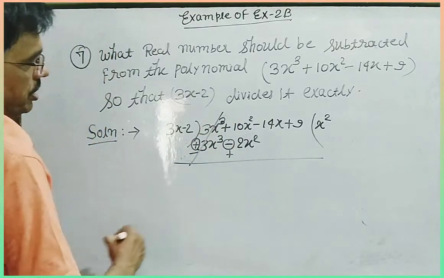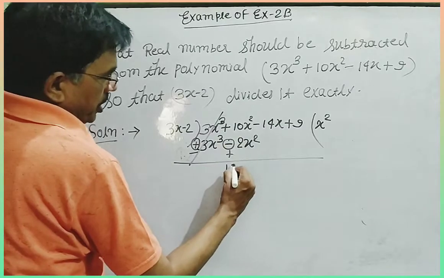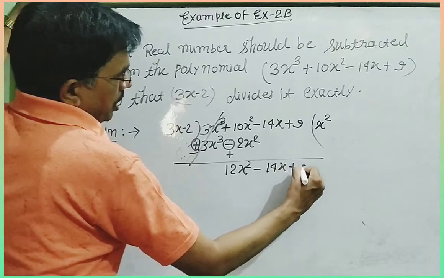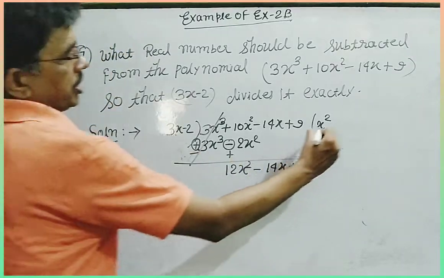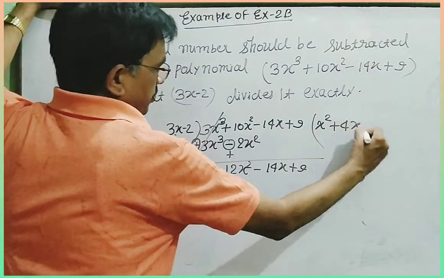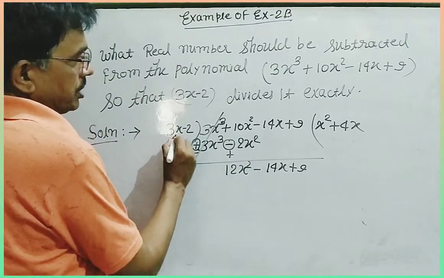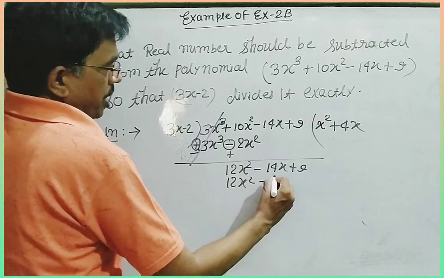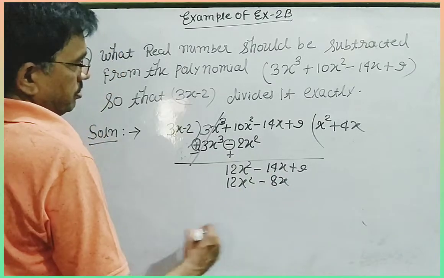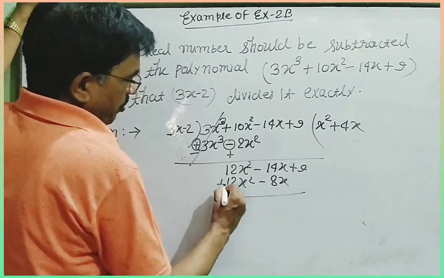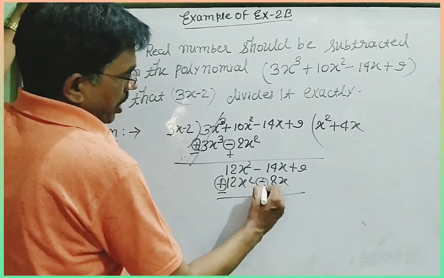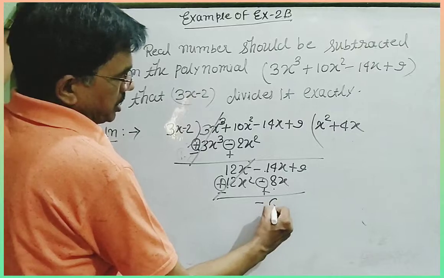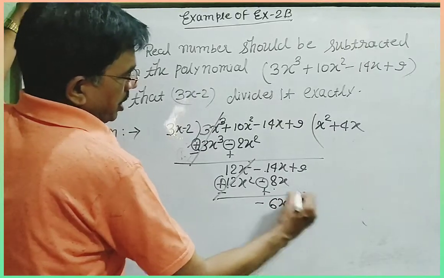It is cancelled. Now it is 12x square minus 14x plus 9. How many are? 4x. Then you get 12x square and minus 8x. Then change the signs and cancel. It is minus 14 plus 8, that is minus 6x and plus 9.